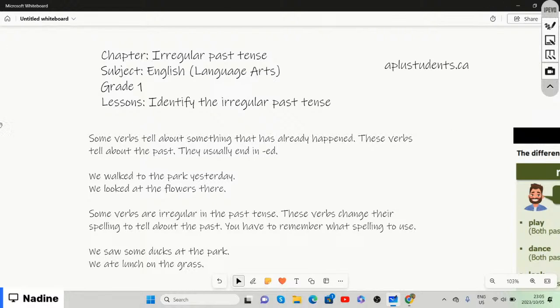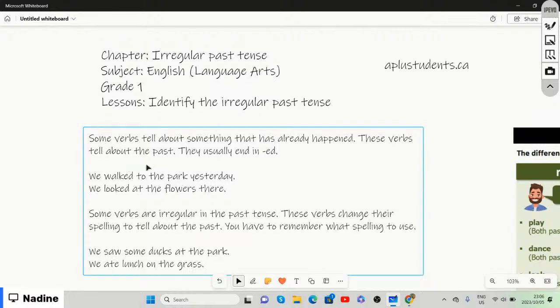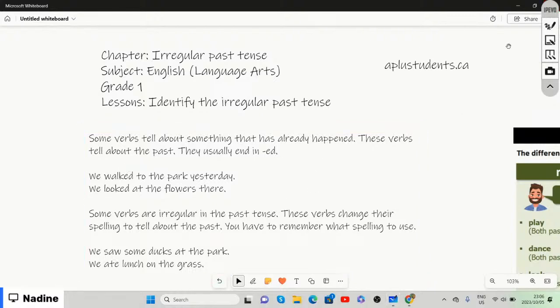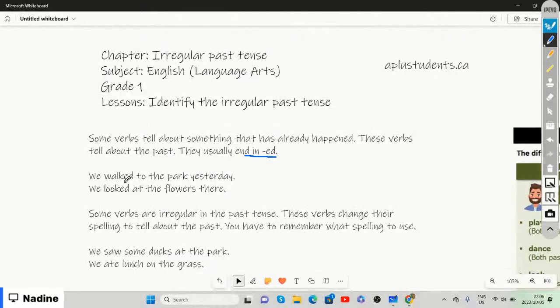So when we made mention of some of the verbs that tell us about things that have happened already, we said that they usually end in ed, which is usually your regular verbs. An example is, we walked to the park yesterday. There we have walked.